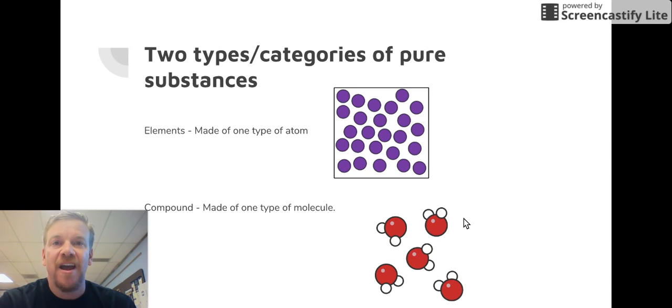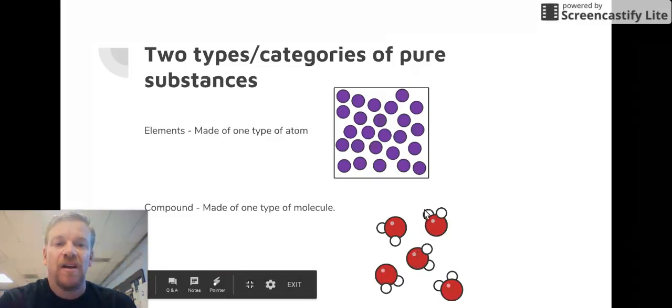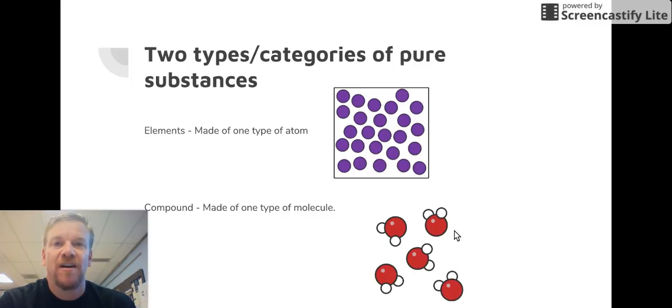If I'm talking about air and I have a mixture of hydrogen and oxygen, I could go from one room to the next and have the composition of that mixture, the ratios of one to another, be different from one another. But when I combine those chemically to form water, it's always 2 parts hydrogen, 1 part oxygen. So the difference between compound and mixture has to do with the fact that in a compound, the ratios never vary and they're chemically bonded. In a mixture, they're not chemically bonded, they're physically mixed, and the ratios can vary.